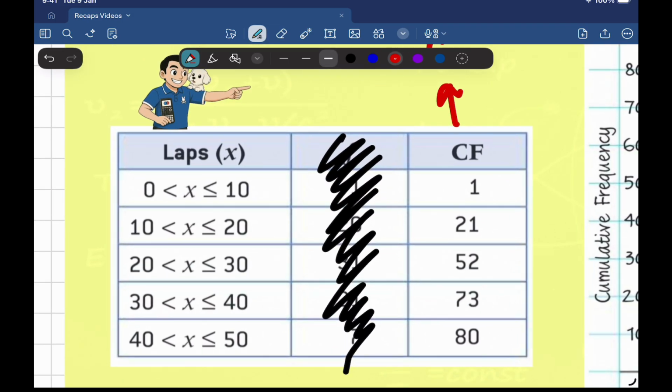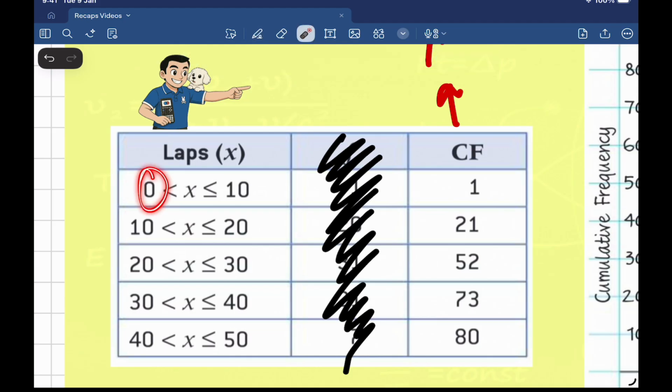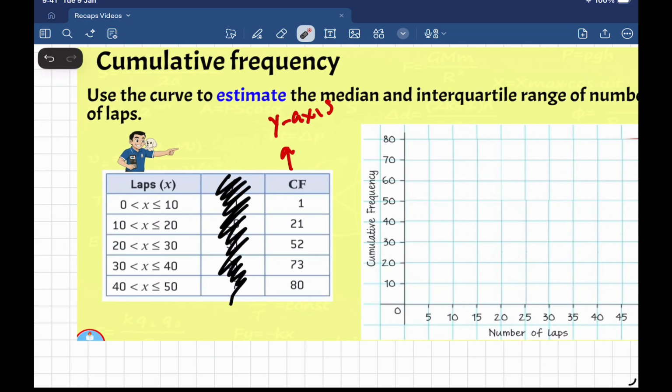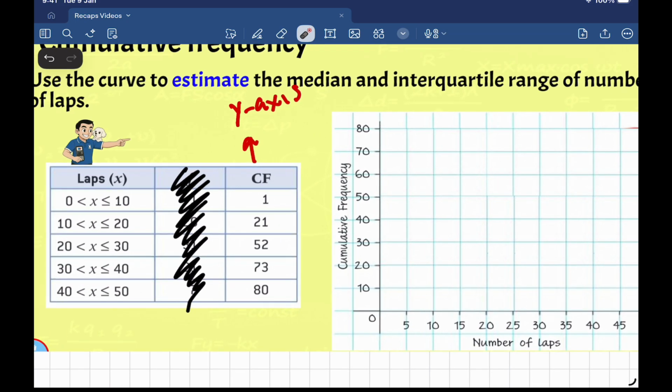Between 0 and 10, we have 1. Between 10 and 20, we have 21. So we are going to identify these intervals. For example, the first one, between 0 and 10, we have 1.